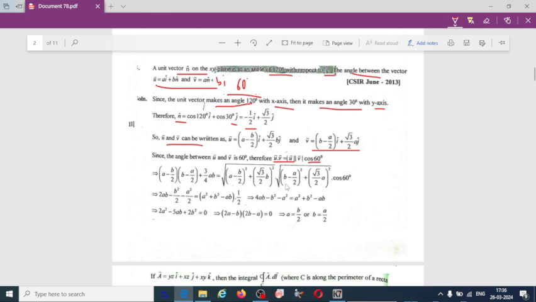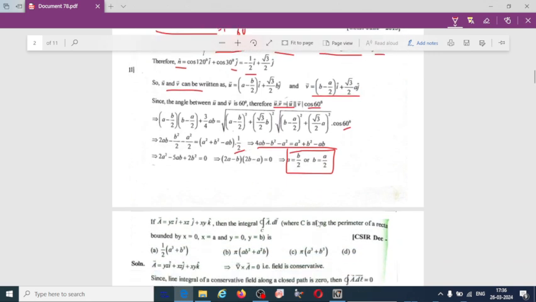Do this simplification, and cos 60 degree is what? 1 by 2. If you simplify, you are going to have this equation. Then equate, you are going to get the values of a and b. a is equal to b by 2, b is equal to a by 2.